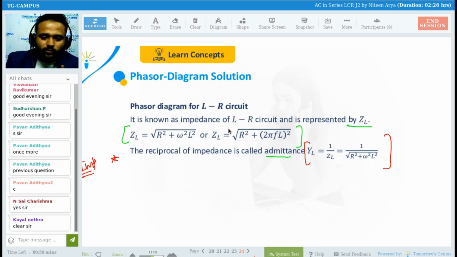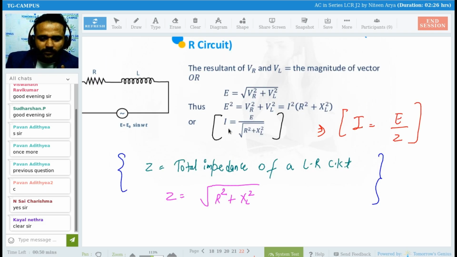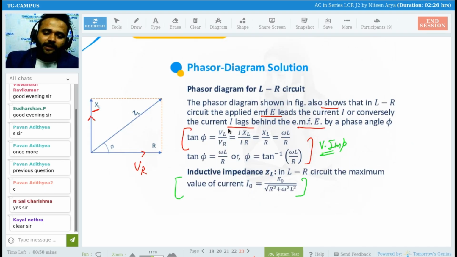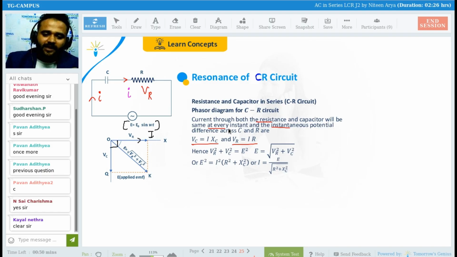In the previous case also, the LR circuit, this is my net EMF. Here as well, I cannot get the same thing. I get E square equals I square into R square plus X square. Hence VR square plus VC square equals E square, or E is under root of VR square plus VC square.